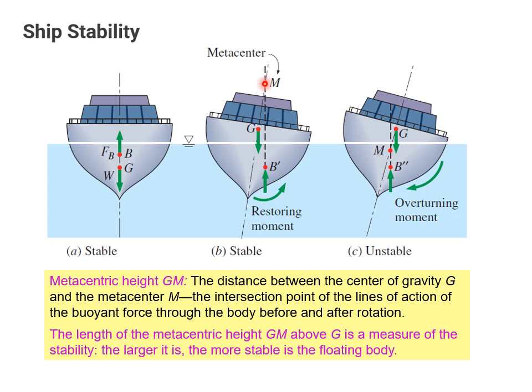So the metacentric height is the distance between the center of gravity and this metacenter, which is the intersection point of the lines of action of the buoyant force. The length of this distance between M and G is a measure of the stability of a ship. So ship designers try to make this distance as large as possible. The bigger the metacentric height, the more stability of the object.